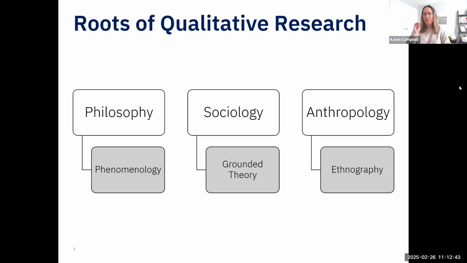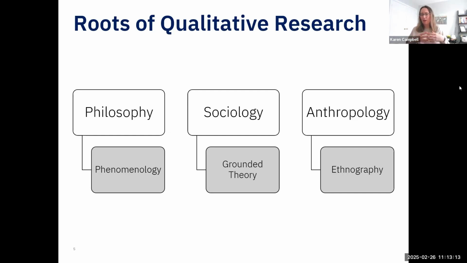So each of these traditions has lots of theoretical baggage, if you will, that comes with them. And each of them takes quite a long time, because they really are looking at how to get to the essence of an idea, how to develop a theory around why people do what they're doing, or to go and be immersed in a culture.